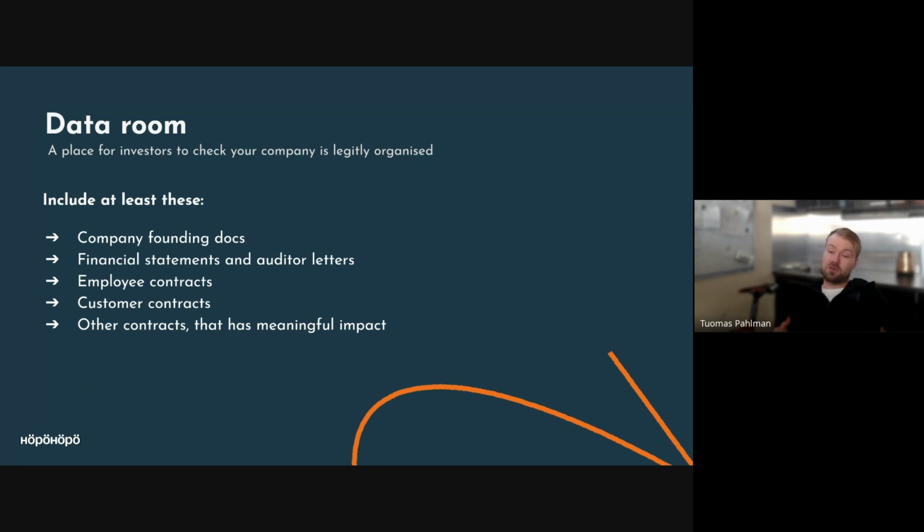Customer contracts are a good example: if you're making 100K or 500K contracts, they have a significant impact and the investors are going to go through them. If you sell a 10 euro self-service product, then the investors just want to take a look at your typical terms and conditions.